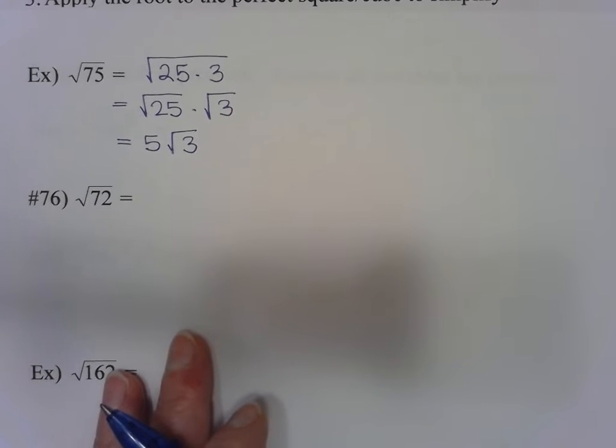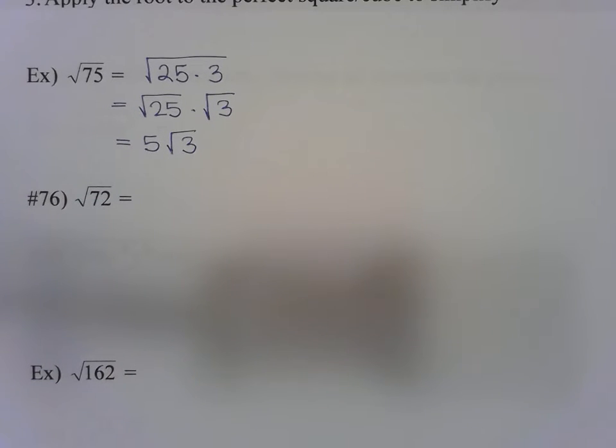Okay, let's try another one. How about the square root of 72? This one's a little bit trickier, I think, because it's not a number that we are totally familiar with. There are lots of ways to break up 72, so I want to show you a couple of options, because I think the most efficient option may not be the one we see first usually.